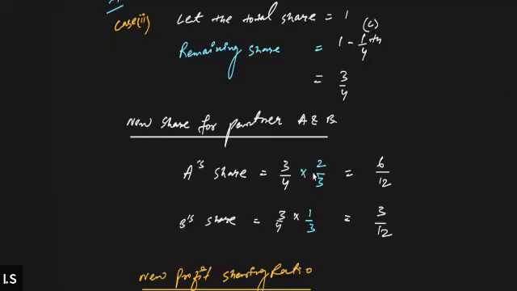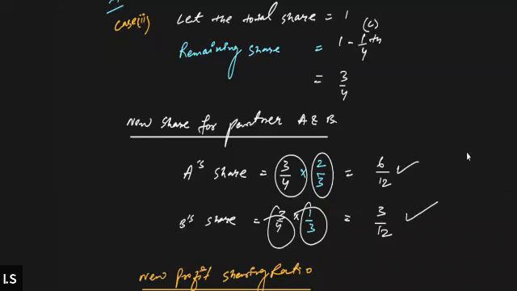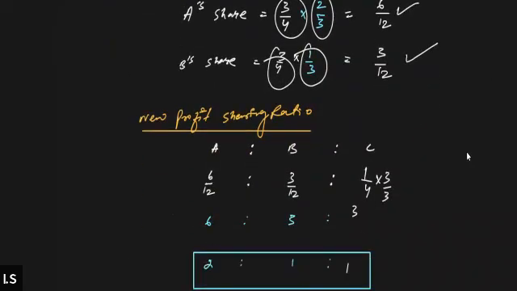That means A will be acquiring 2/3 of 3/4 share, and B will be taking 1/3 of the remaining 3/4 share, and that will give us the new profit sharing ratio for A and B, that will be 6/12 and 3/12. And the new profit sharing ratio for A, B and C will be 6/12, 3/12, and 1/4.